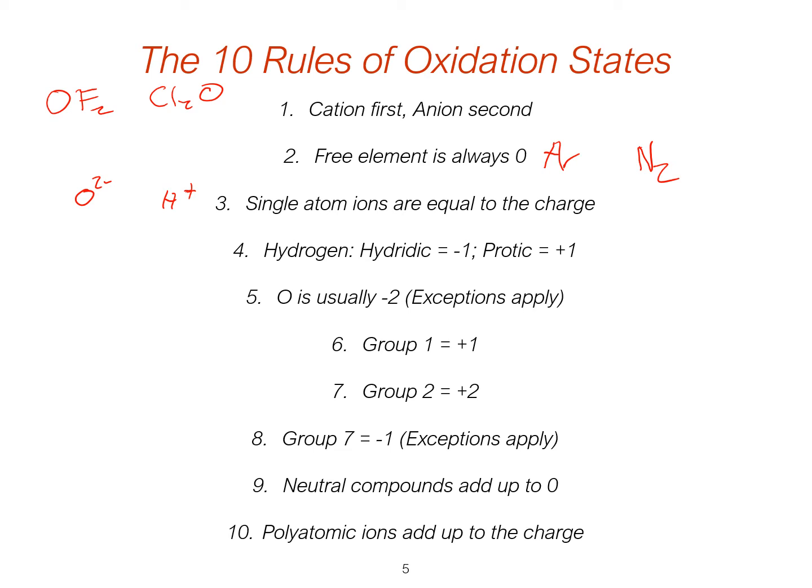Rules 6 and 7 are really nice. Group 1 is +1, group 2 is +2, and this is pretty hard and fast. You'll be struggling to find one where they don't apply. Rule 8 is that group 7 is -1. For fluorine, this is absolutely 100% of the time true. For the other halogens, that can change.